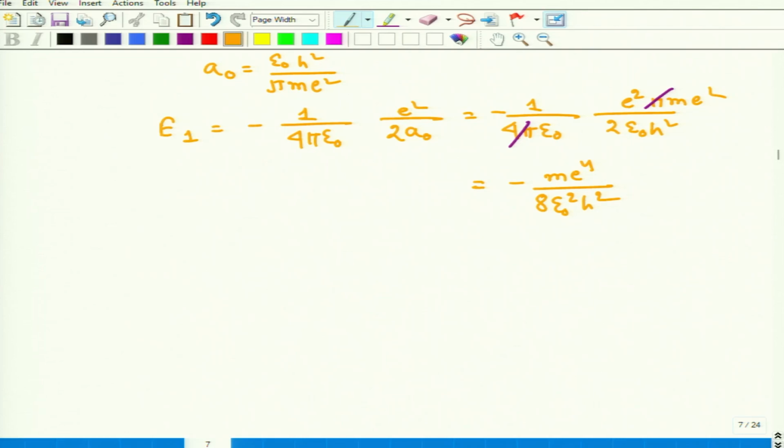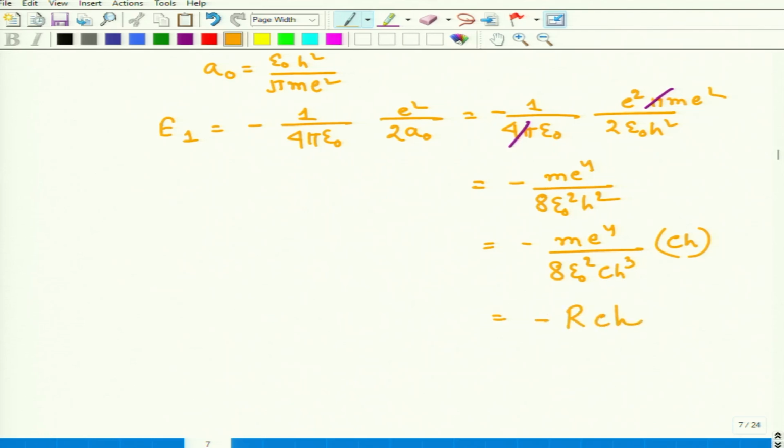Now we can write it like m e to the power 4 divided by 8 epsilon naught square h square, or ch cube, then we can multiply ch. In this way we can also write, right? We multiply hc and divide by hc, then this is called R ch.